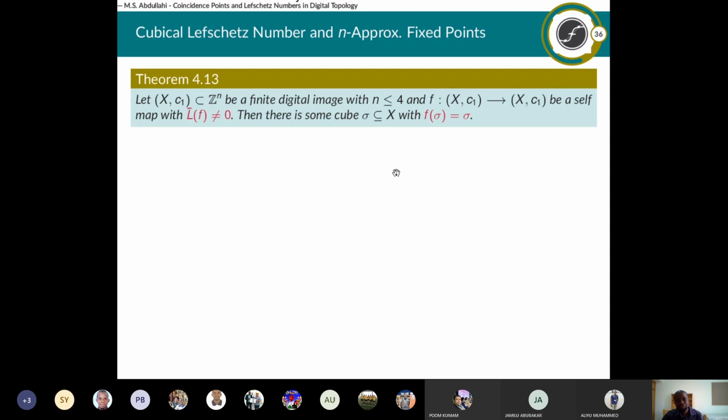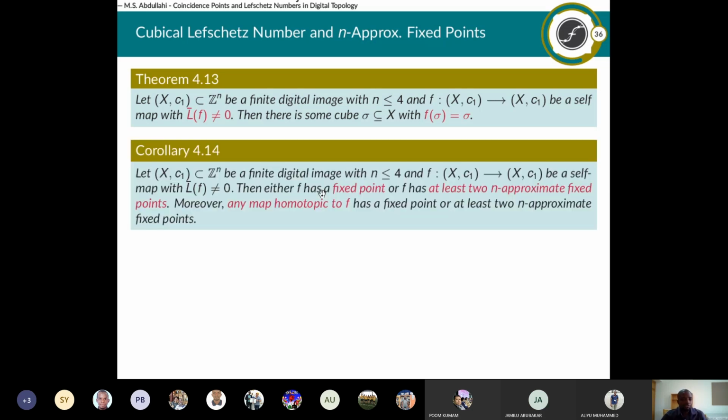But we found that there is a more restricted notion of fixed point. We call it an n-approximate fixed point, and this is what this Lefschetz number is giving us. And what we have is, if this is non-zero, then we either have a fixed point or at least two n-approximate fixed points. And moreover, any mapping that is homotopic to F will have either a fixed point or at least two n-approximate fixed points.